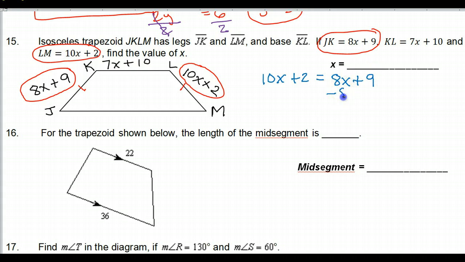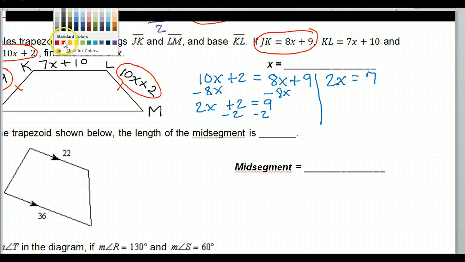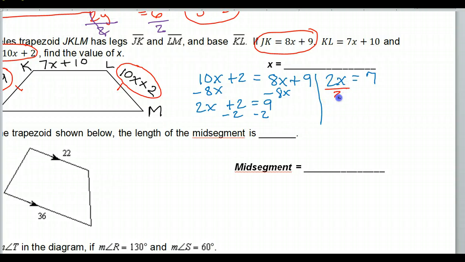That's the key. Subtract 8x from both sides. So that's going to give us 2x plus 2 is equal to 9. Subtract 2 from both sides. That's going to give us 2x is equal to 7. Alright, it's not going to be an even number, but I don't think I'm making a mistake.